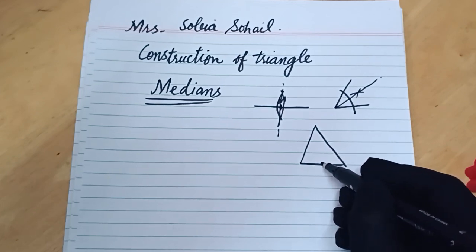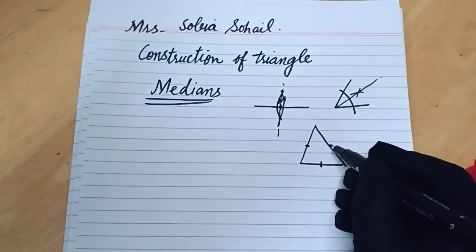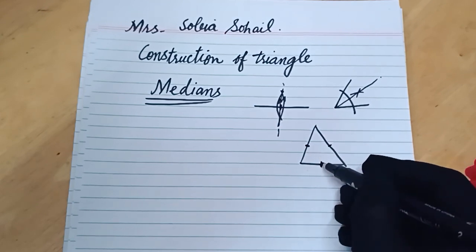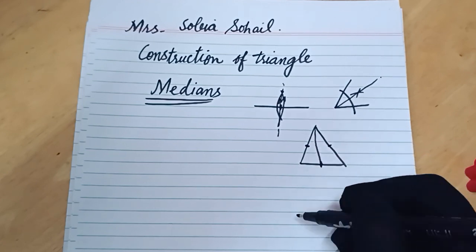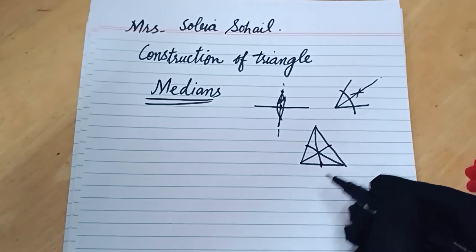Suppose I'm just taking, by chance, just an idea: this is midpoint 1, midpoint 2, midpoint 3. When you take out the first midpoint by the bisection of the line segment, join it to the opposite vertex, and likewise for the others.